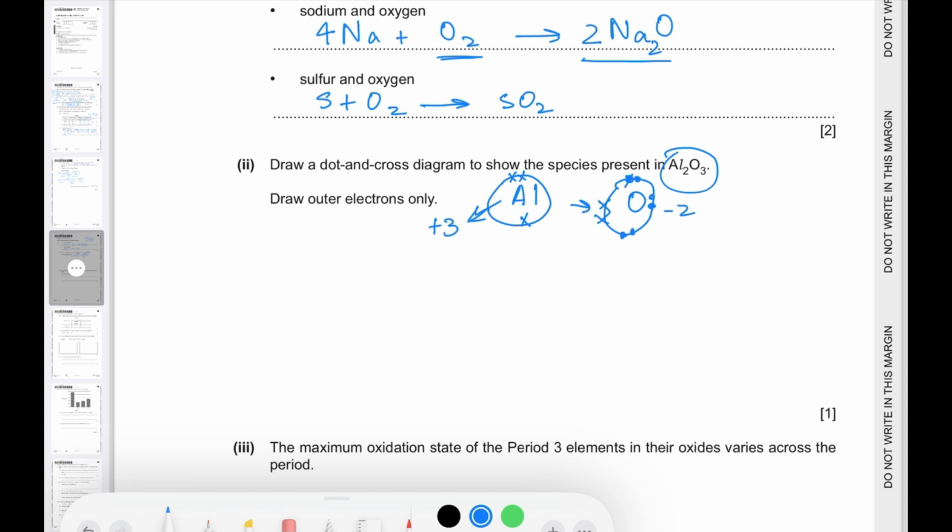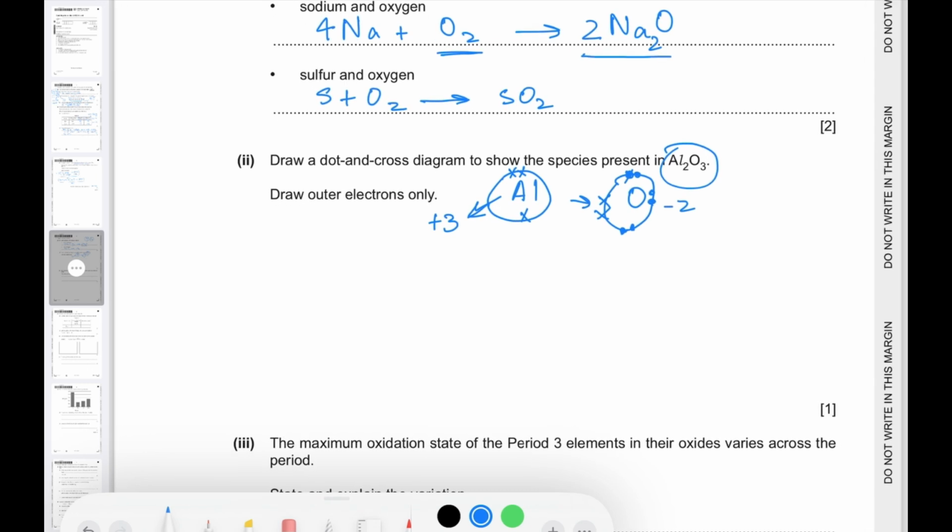Now what happens is, 1 aluminium atom loses 3 electrons, and 2 aluminium atoms are capable of donating 6 electrons. 1 oxygen atom can accept 2 electrons, and 3 of those would accept all of the 6 electrons donated by the two aluminium atoms. Therefore, you have the chemical formula Al2O3.